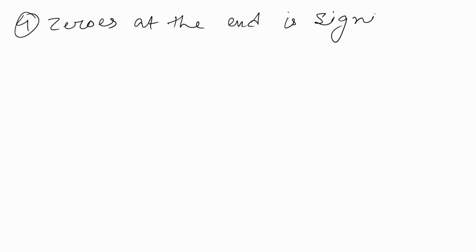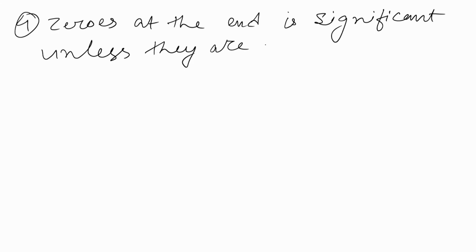Next one is zeros at the end or at extreme right are significant unless they are at the right of decimal point.